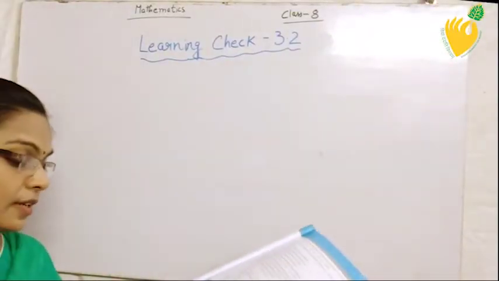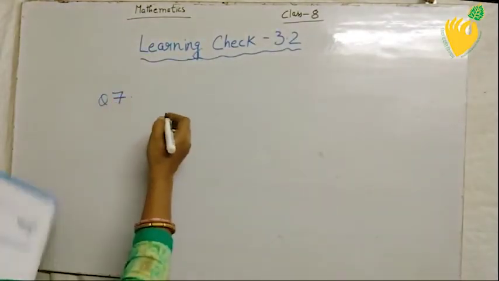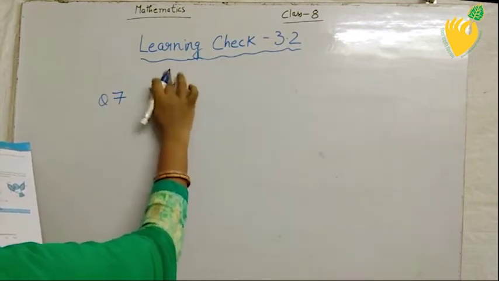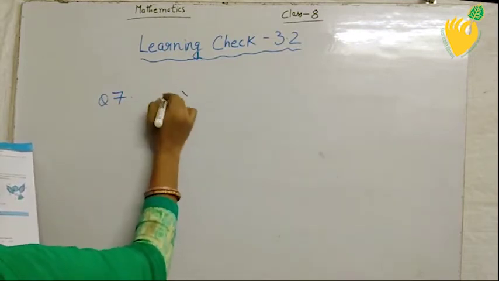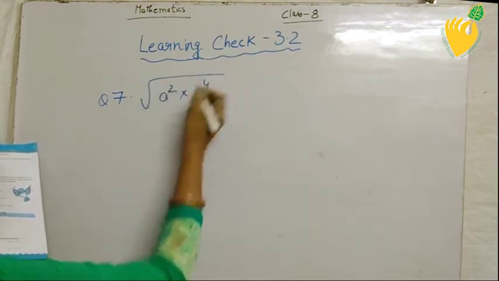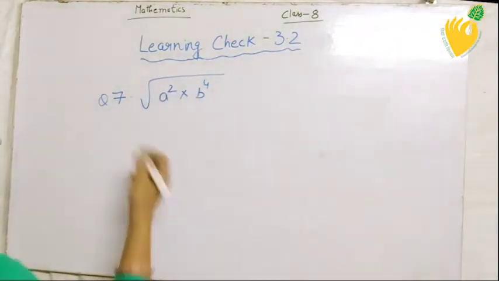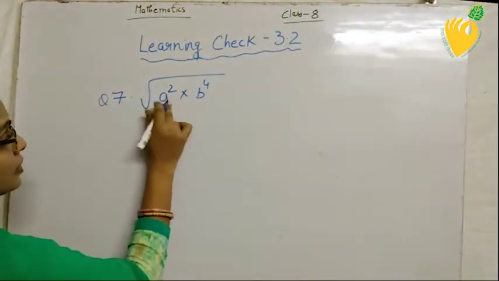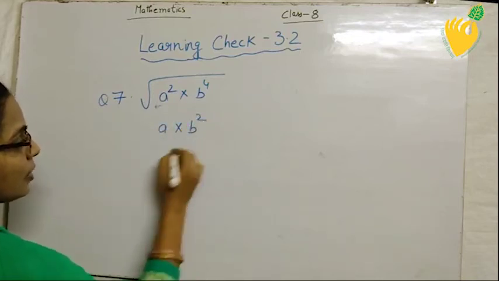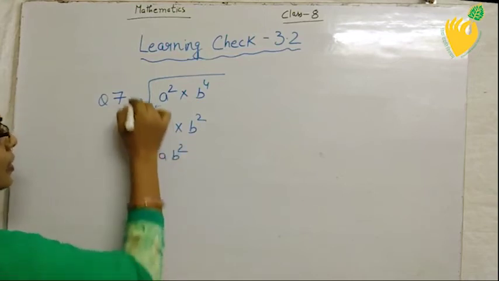See students, next question number 7 is a to the power 4, b to the power 4, the whole square root. You have to simplify this. That means you have to find this value. This will be a square and this will be b square, which is equals to a square b square.